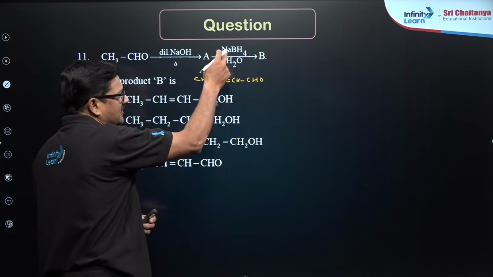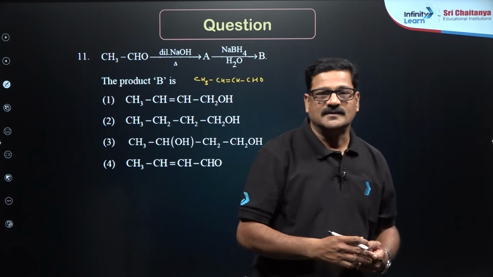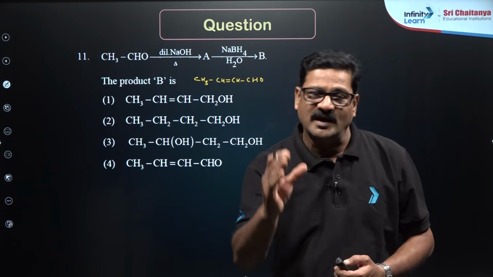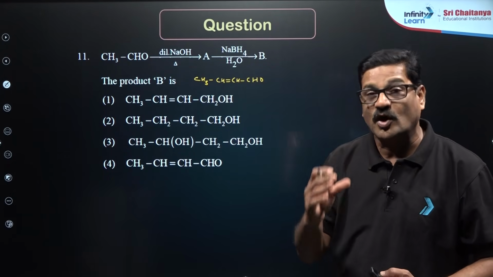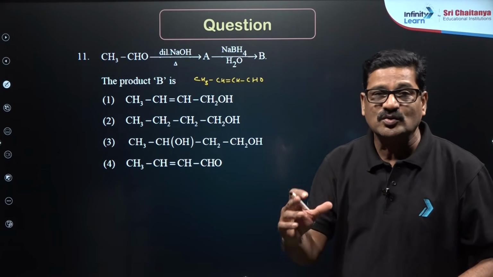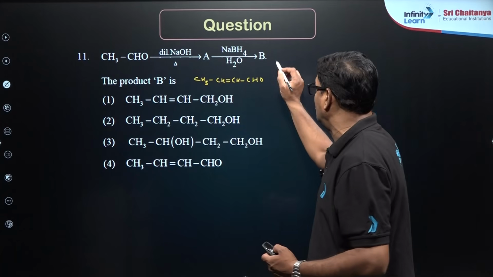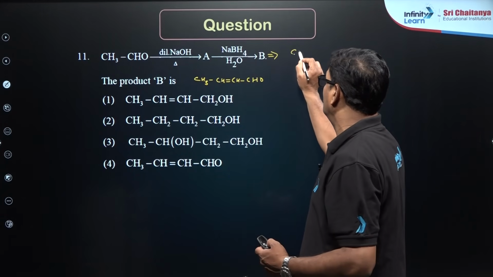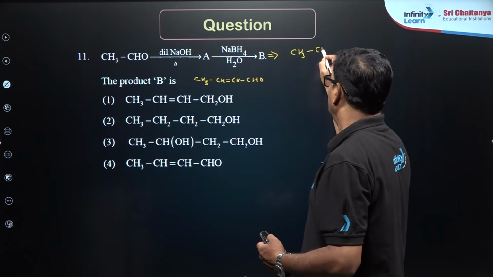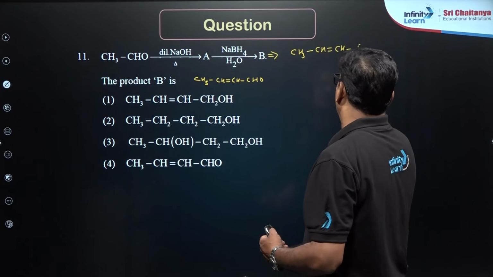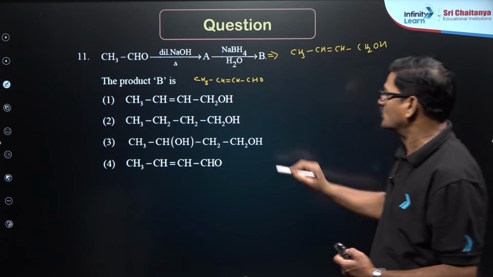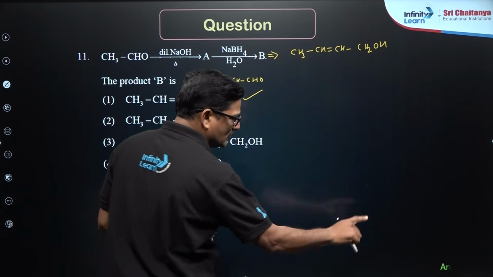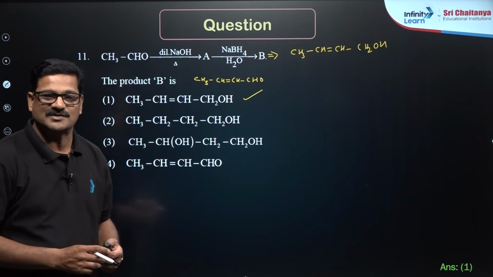When it is treated with sodium borohydride, a reducing agent which can reduce the carbonyl group but does not impact the carbon to carbon double bond, B is going to be CH3CH=CH-CH2OH. So, option 1 is the correct answer for this question.